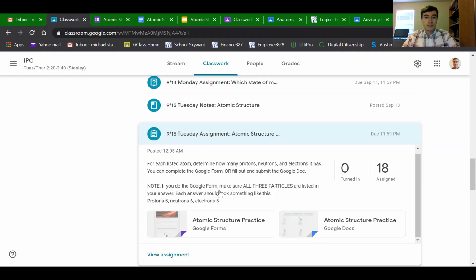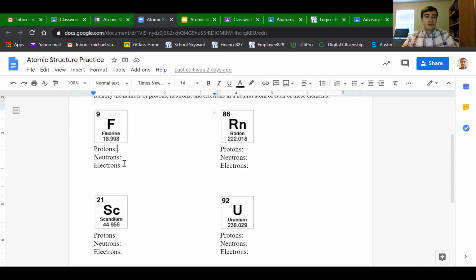If you do answer the Google form, make sure you list out all the particles in each answer. So each answer should have the protons, neutrons, and electrons listed. Or if you want to do the Google Doc, it's already listed out for you. You just have to put in whatever number you think fits best for each one of those 3.